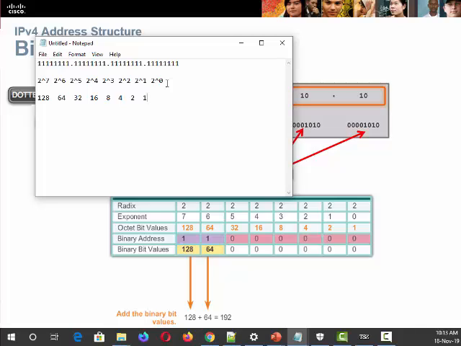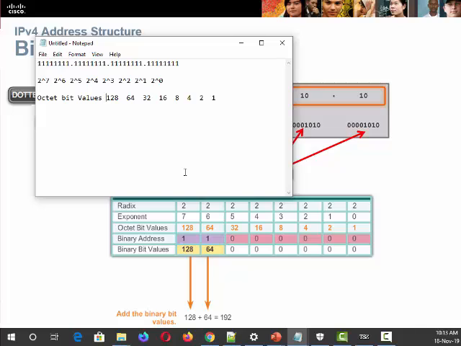Okay? So now, we refer to these numbers as octet bit values.